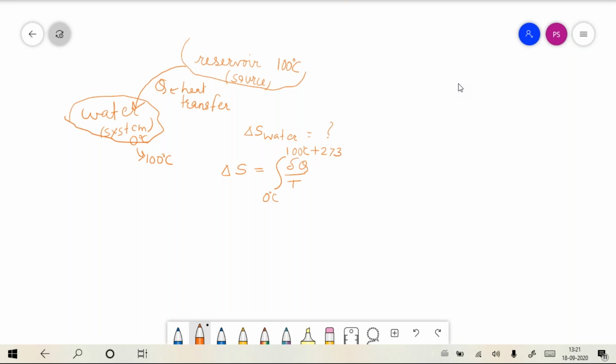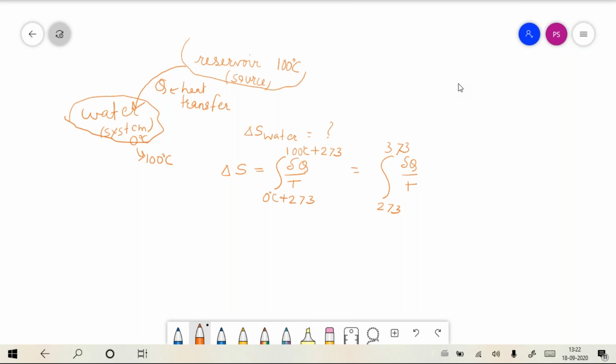So the entropy change of water is the integral of del q by T from 273 to 373.